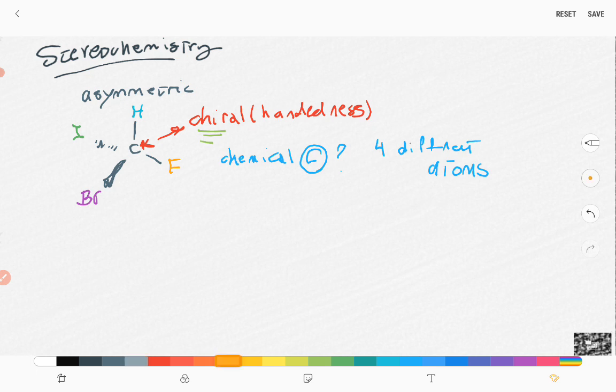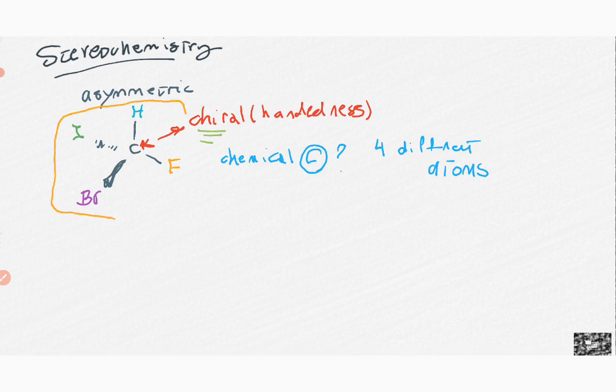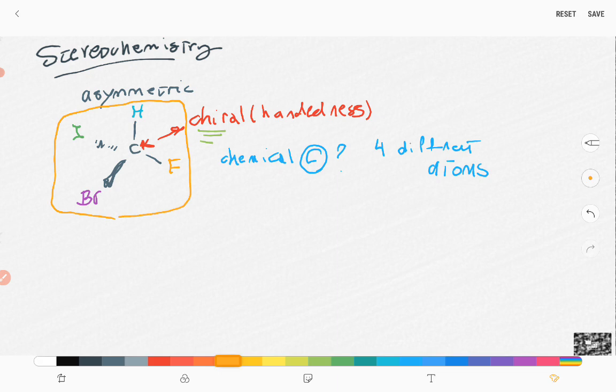In this molecule, you can see carbon attached to fluoride, on another side to bromide, another side to iodine, another side to hydrogen, and all of these four sides were different. So the carbon is a chiral carbon because of the four different atoms attached to it. That is the chemical definition of the chiral carbon.